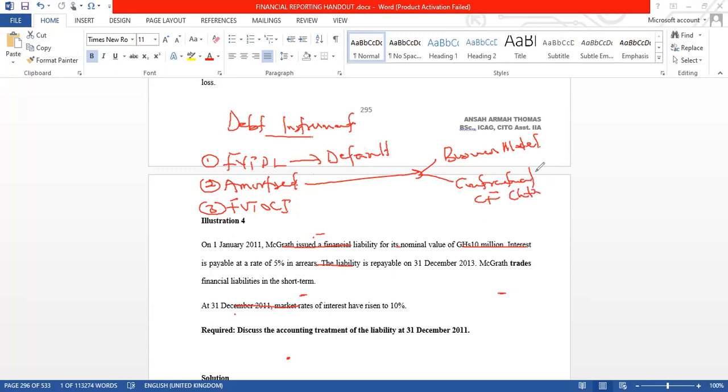All right, the business model here is that the person who is investing in the money you sold, or you issued a bond to, will hold it to maturity. All right, to maturity. And these things are long term. Then we said that the contractual test is that you have two types of cash flow, the principal and the interest.